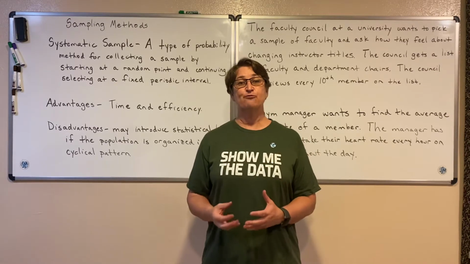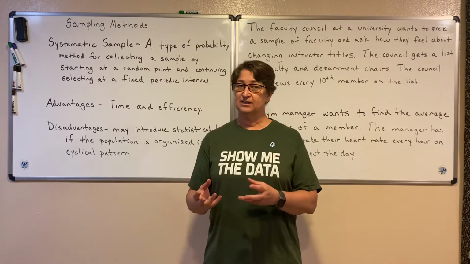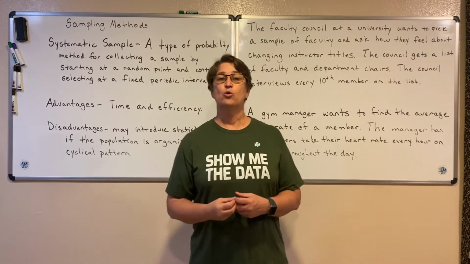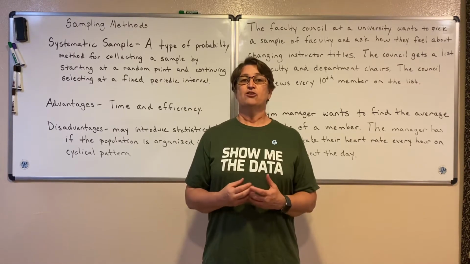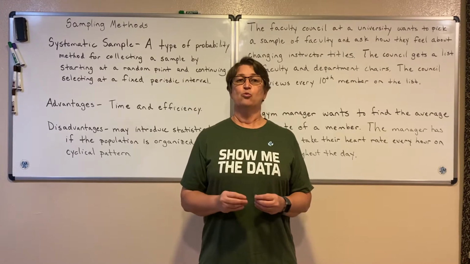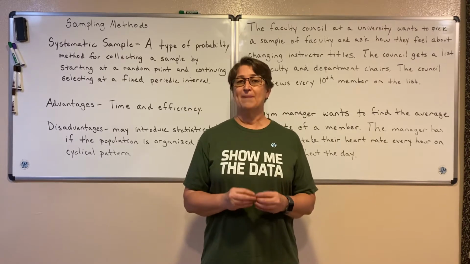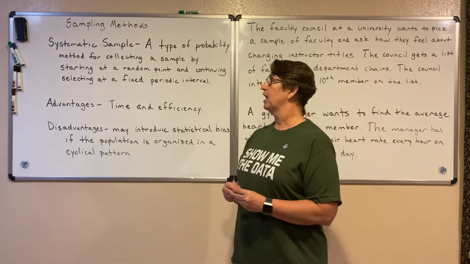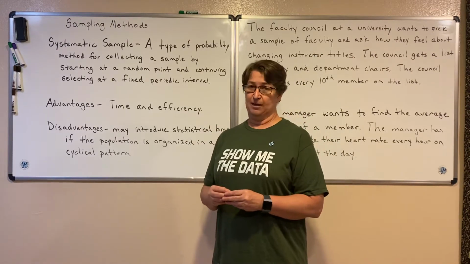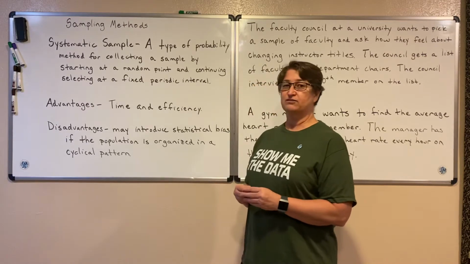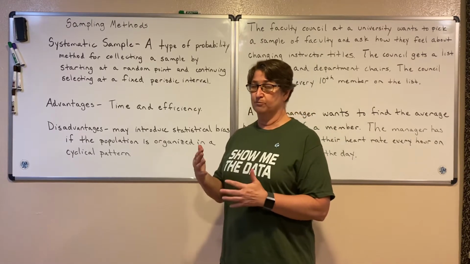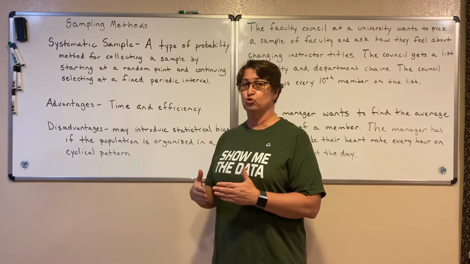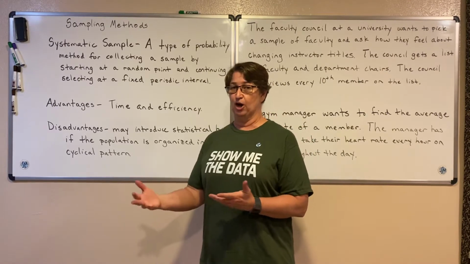And there are many different methods for collecting data from a sample, and we're going to discuss a few. Specifically, here we are going to look at a systematic method for collecting data. So, a systematic sample is just a method where we collect the data using a system to help us out.